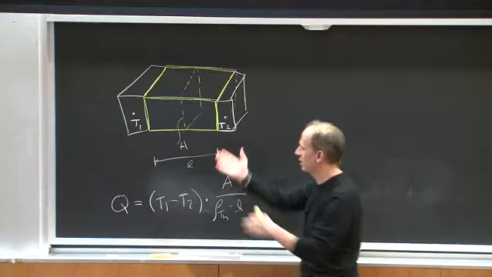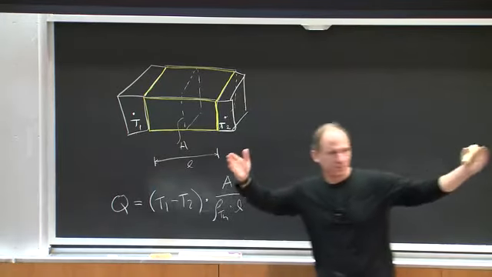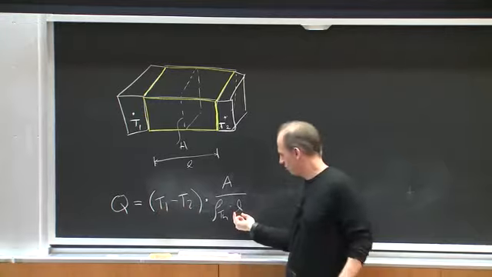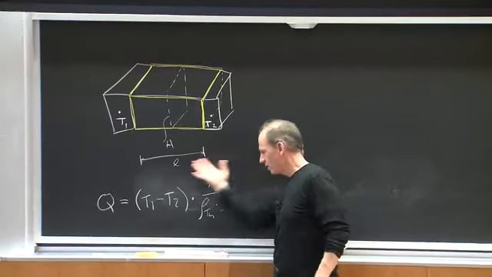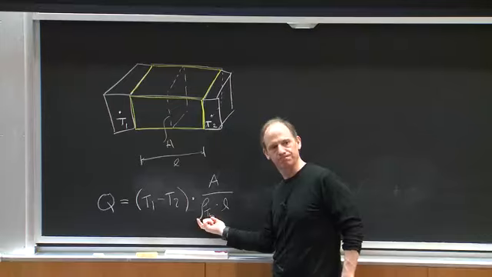So if I have more cross-sectional area, more heat flows. If I have to transfer it through a thicker piece of material, the heat flow goes down. And this proportionality constant is called the thermal resistivity of the material, okay?